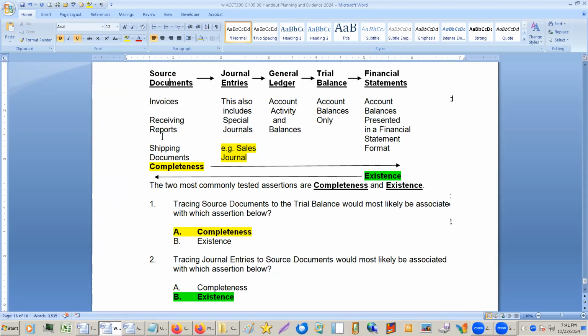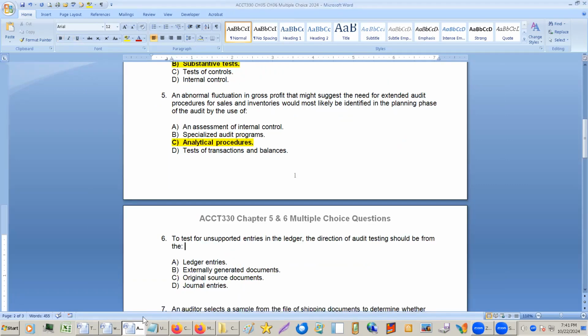You're gonna go from the journal entries back to the source documents. I'm gonna give you this one because I think whoever picked E probably meant B, since there is no E.